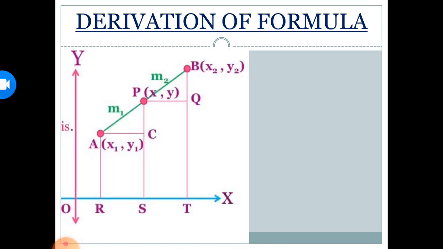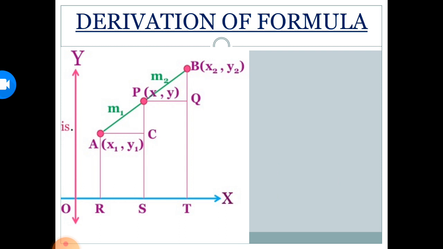Now we will see the derivation of this formula, how this formula comes. For that, again look at this graph. I have drawn the same line segment joining the points A(x1, y1) and B(x2, y2), and the point P is marked on that such that P divides the line segment AB in the ratio M1 is to M2.